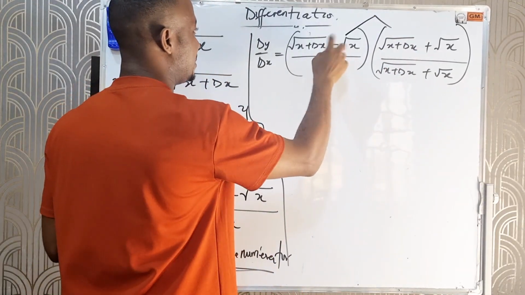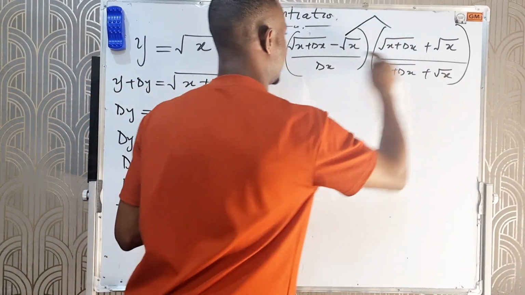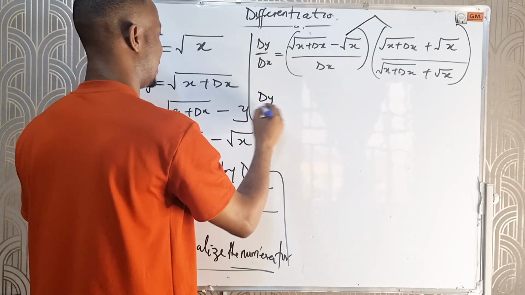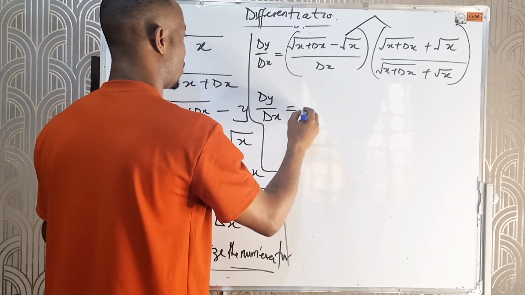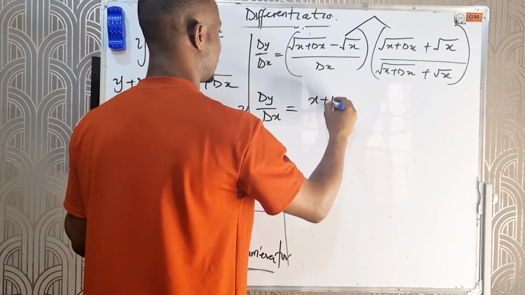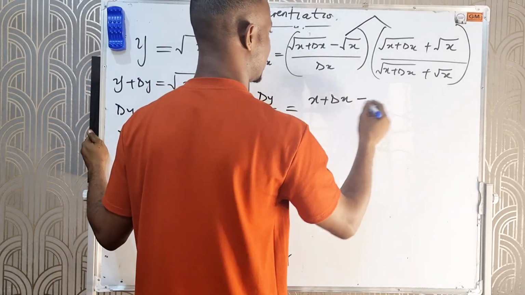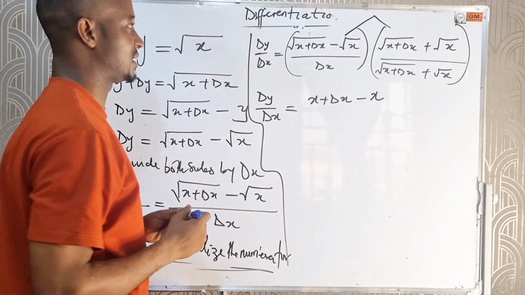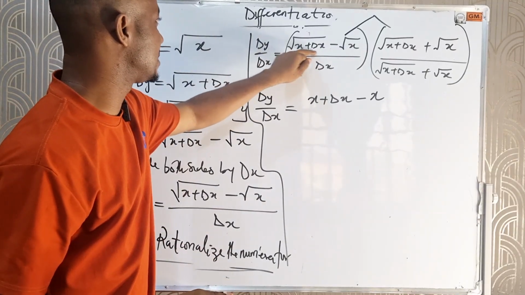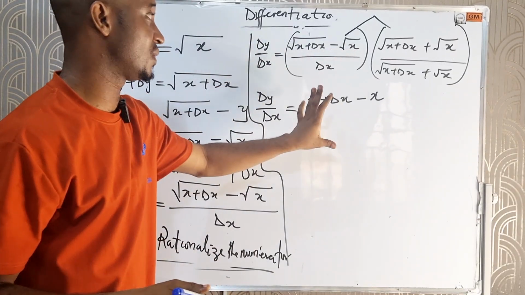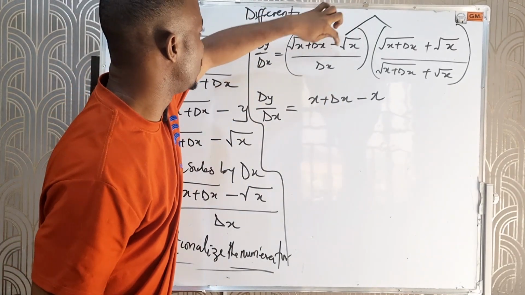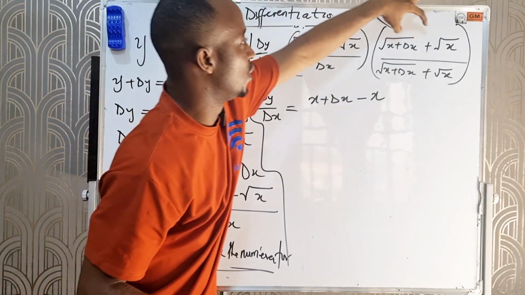So when you multiply the whole of this with the whole of this, the result becomes what? Delta y over delta x becomes x plus delta x minus x. Don't forget, I will subtract this minus this. That's the result.